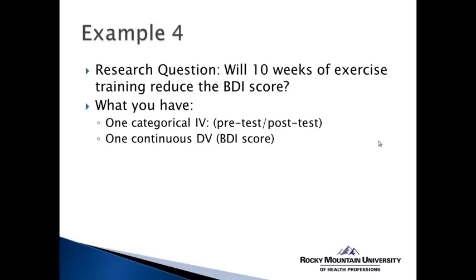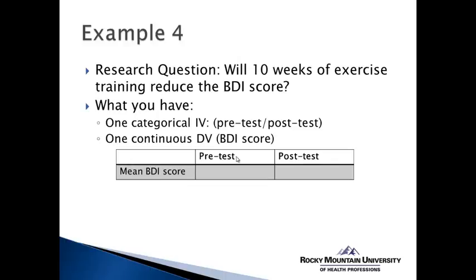So we'll give them a pre-test of BDI, expose them to the training, give them a post-test, and then remeasure the BDI score. So this would be an example of a repeated measures type of a situation. The same group of people being measured twice, in this case before and after an intervention. Our outcome is still one continuous dependent variable, BDI score.